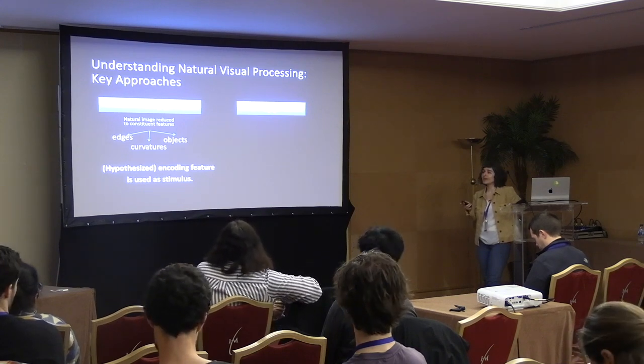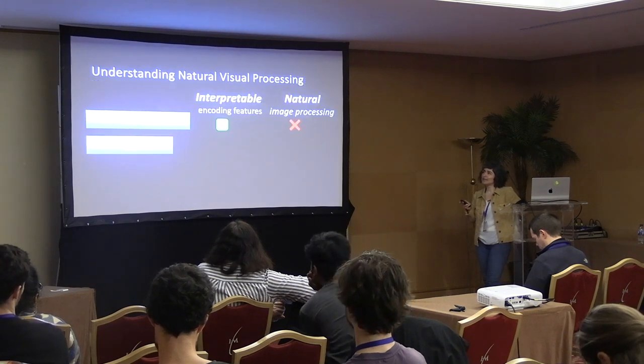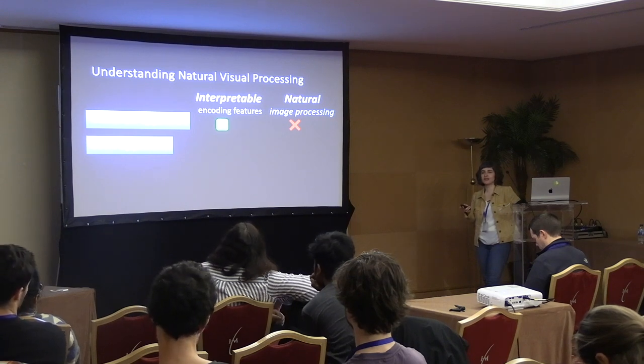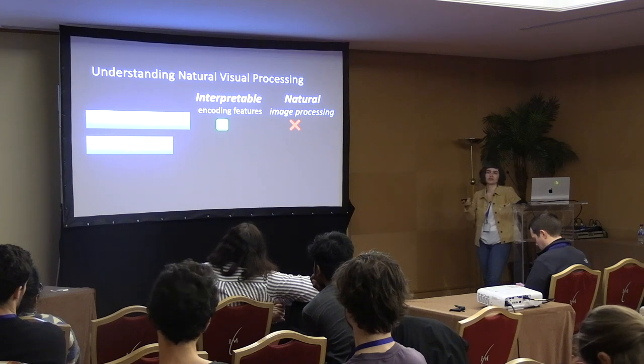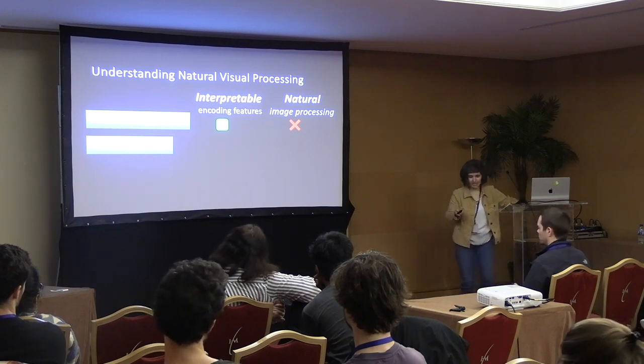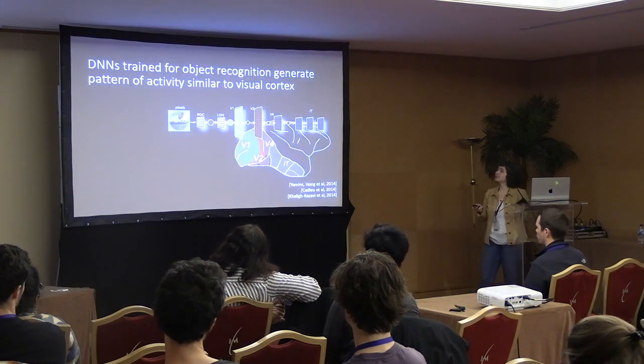The problem with this approach is that we never get to see how those encoding features get processed in the whole naturalistic process. We just know how those features are processed. But the obvious advantage of this method is that these features are interpretable.